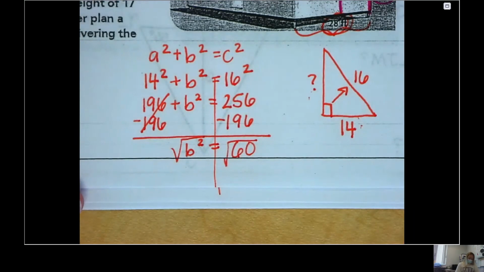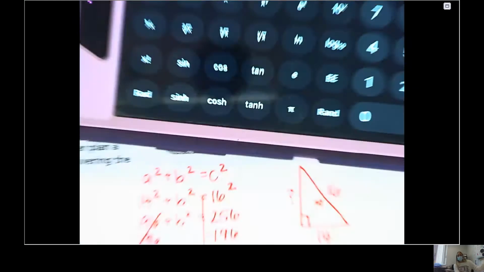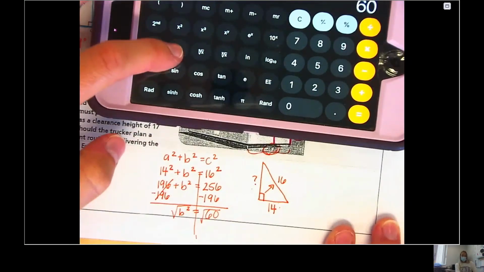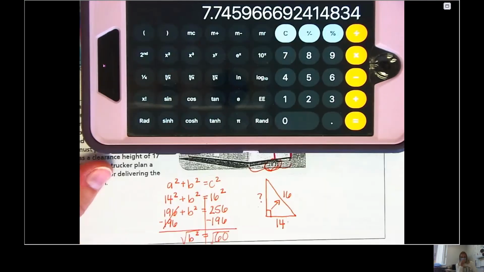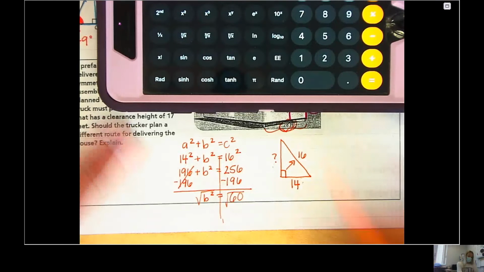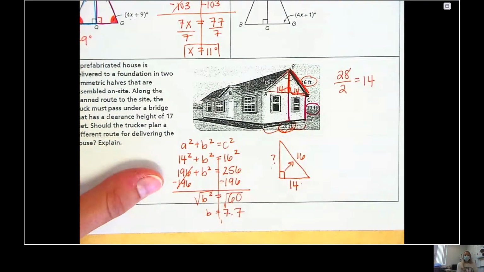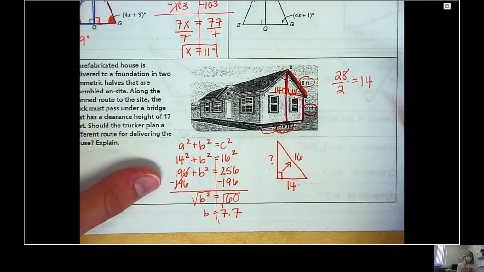Okay, so when I put this in my calculator, I put the 60 in first, and then I push the square root button with the little 2 right next to it. So the square root of 60 is 7.7. Okay, so this piece right here is 7.7, this height.